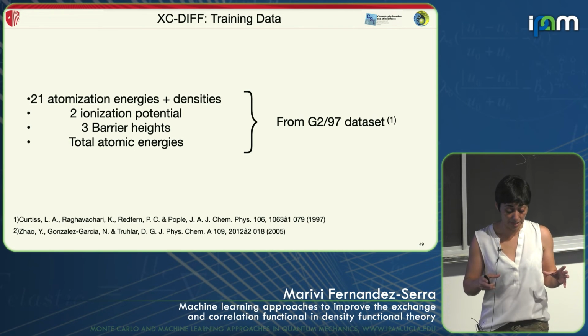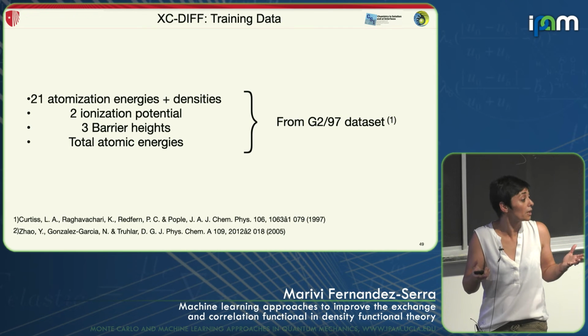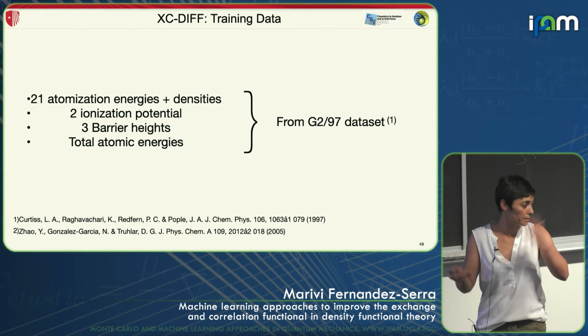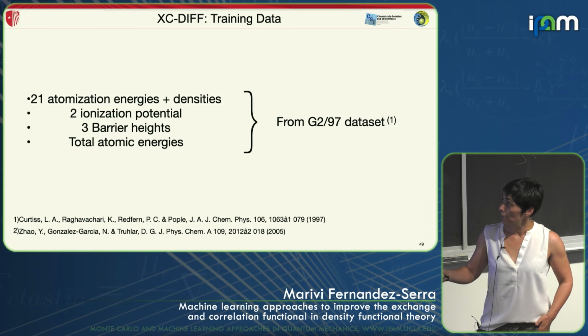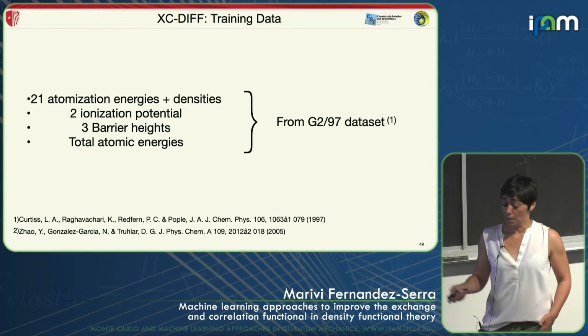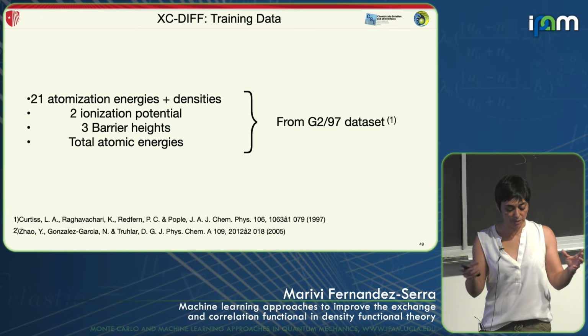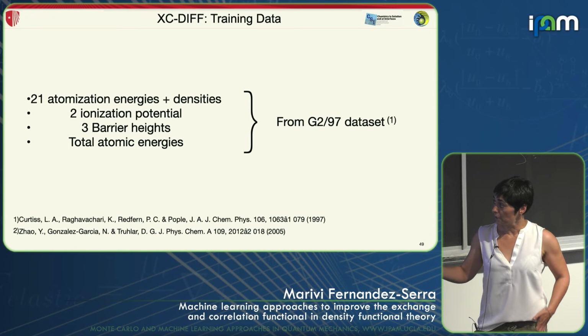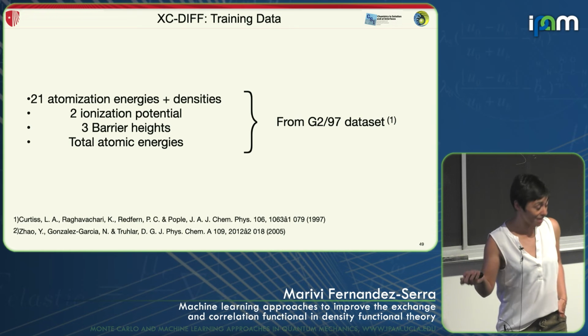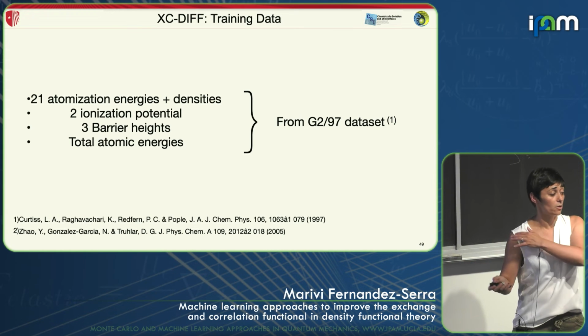They are basically spherical atoms, so we can impose a spherical symmetry on the grid. So that is very simple. Same for ionization potentials. For the barrier heights, we choose reactions that involve linear molecules, and we can impose cylindrical geometry, and then atomic energies. So that's what I'm going to present, all with that.